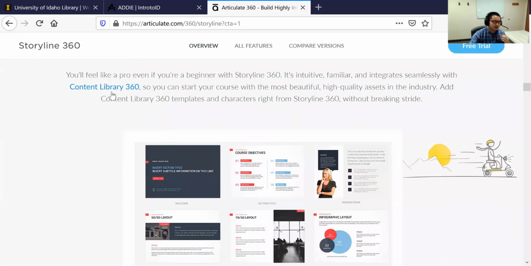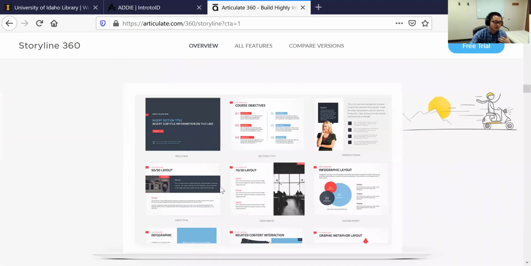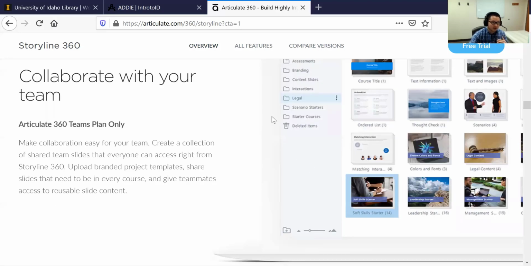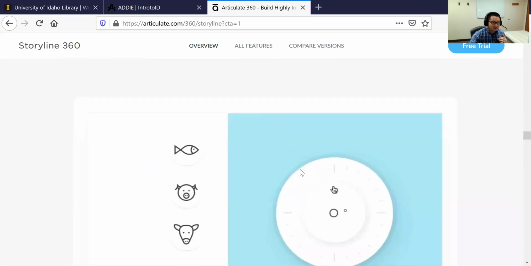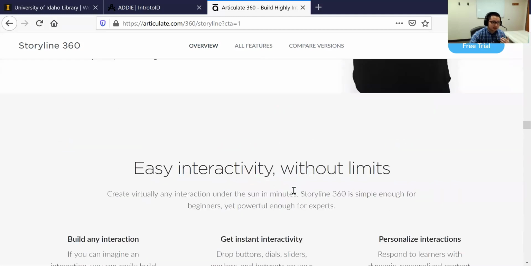They have the Content Library 360, so you can source additional images from their content library. A lot of times, if you are designing graphics from scratch, that can be very time consuming. And the same with the templates. If you have templates, that can really cut down your overall development time. And they have some really cool interactivities.